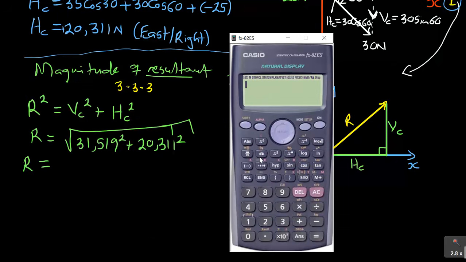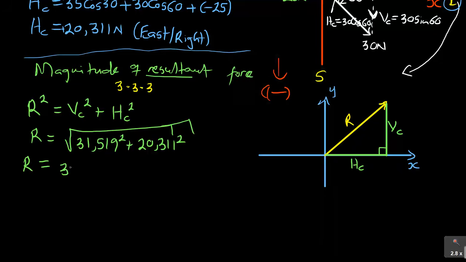And if you go on to say R is equal to, to find that, it's the square root of 31,519 squared plus 20,311 squared. So if you do that, you are going to have 37,496, that is to 3 decimal places. So you can see that 37,496 there.